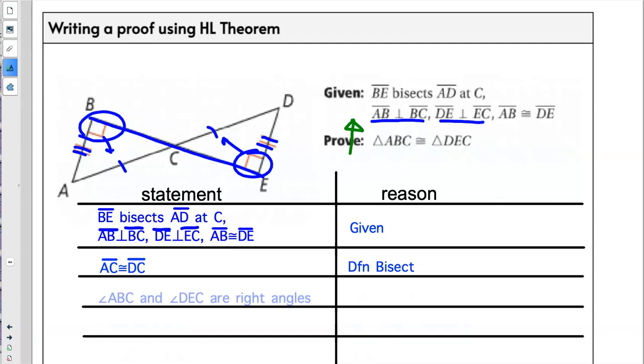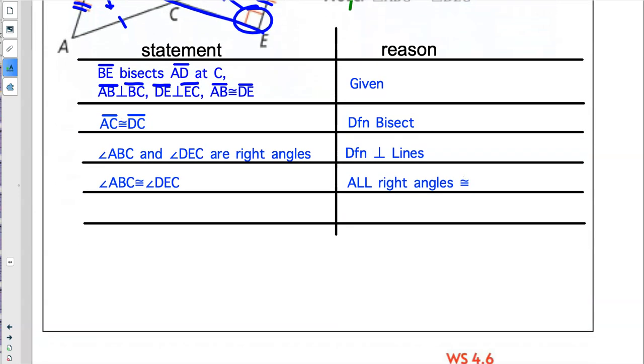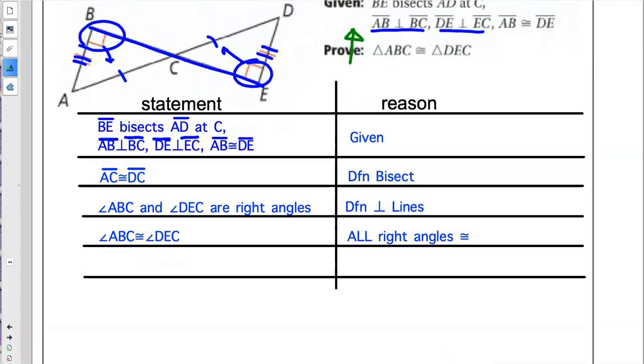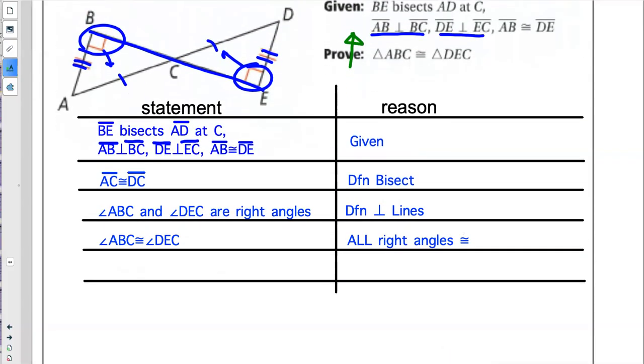Okay, so now ABC and DEC are right angles. Okay, because they're right angles, I know that by definition of perpendicular lines. Now, because they're right angles, they're congruent. So all right angles are congruent. Okay. Now, after I say that, I'm going to define those as right triangles.